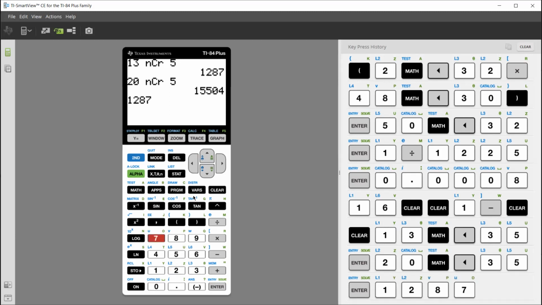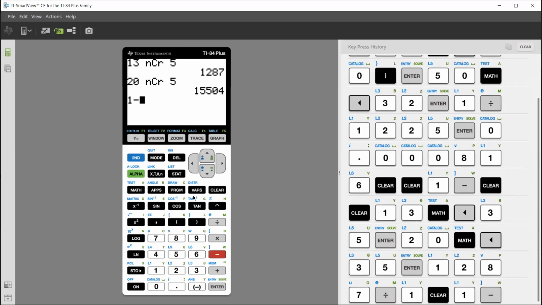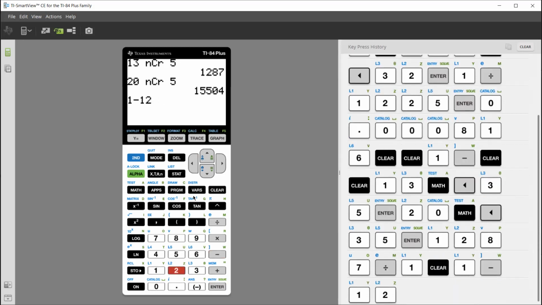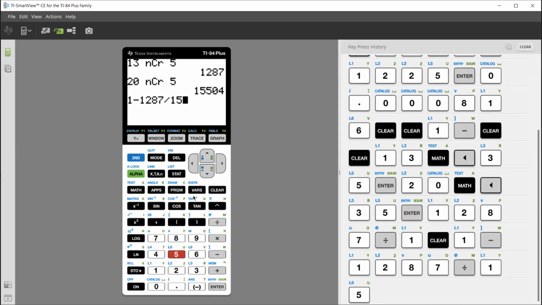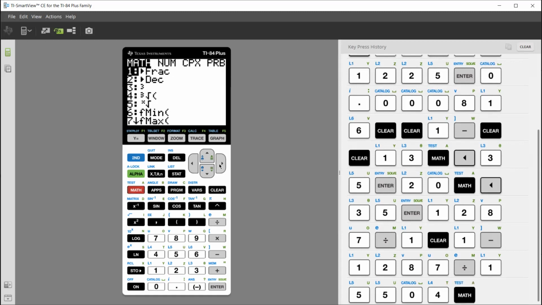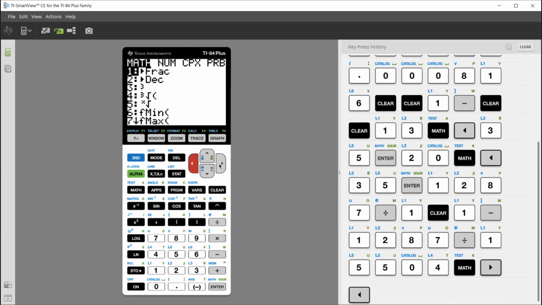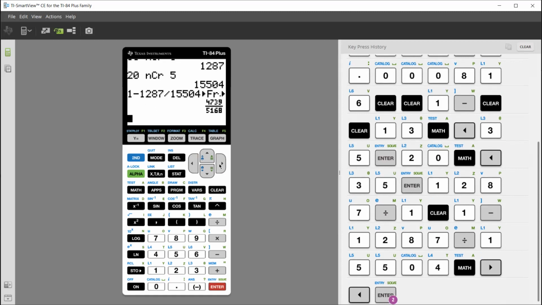So now we have 1287 over 15,504. And let me write 1 minus 1287 over 15,504. Let's do that. Let's convert that answer to a fraction. Math, convert to fraction. And we get that answer, 4,739 over 5,168.